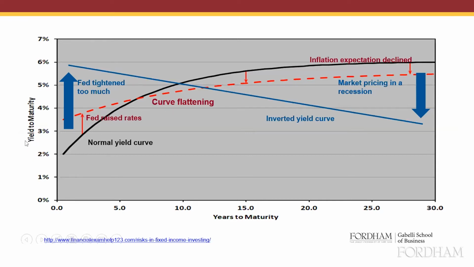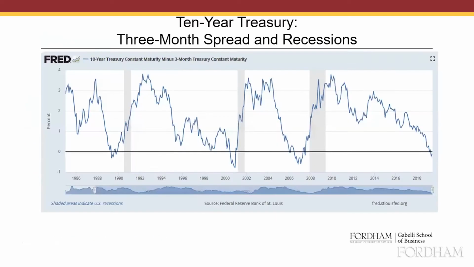But if the Fed were to raise rate too much, then the back end yield could come down even more. And when this happens, we have an inverted yield curve. The inverted yield curve is very, very important.